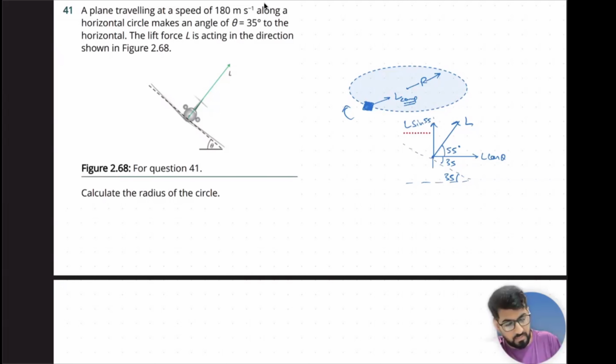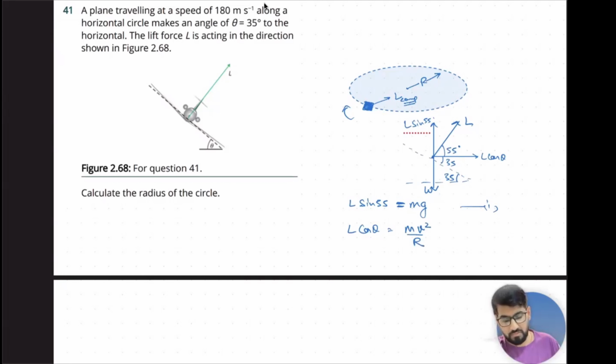And there is a weight acting downward, which is balancing the vertical component of the lift because it is moving in a horizontal circle. So from this diagram, I can simply say L sine 55 is equal to the weight of the airplane, mg. This is my equation 1. The other equation is L cosine theta equals the centripetal force, which is mv square by r.